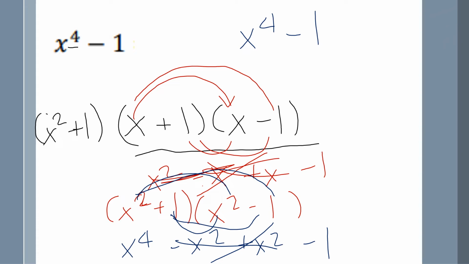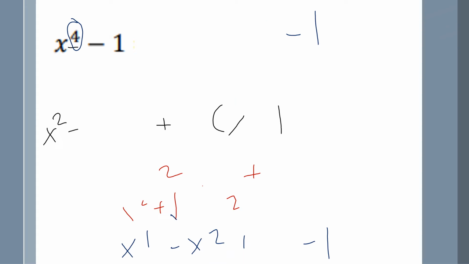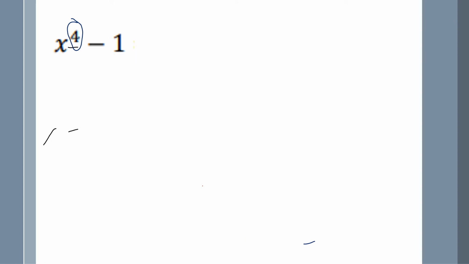So remember, when you're dealing with a power of 4, or some type of even power, you're always going to write it like this. So if I was to say, instead of it being 4, x to the 6 minus 1, of course, because I know I'm dealing with difference of squares, x plus 1, x minus 1.